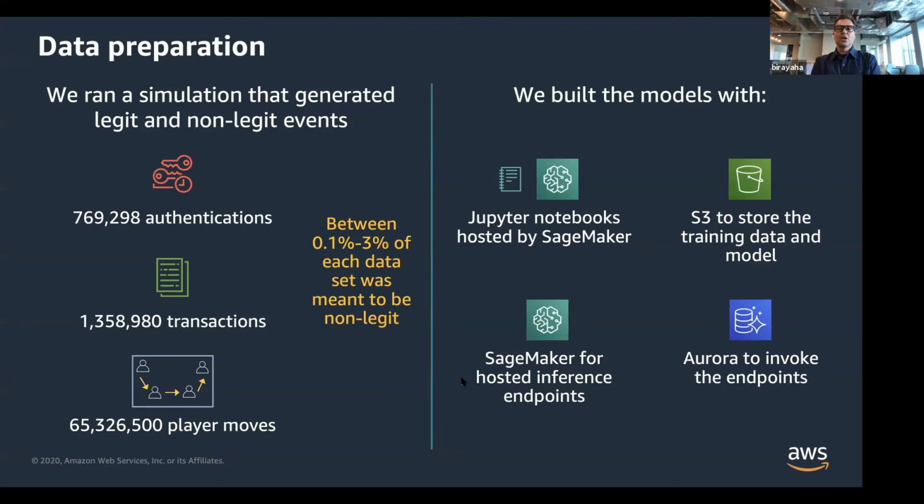We built our models, as I said, using Jupyter notebooks hosted on SageMaker. We stored all the data on S3, and once we were able to distill the data and train the model, we deployed the model with a hosted inference endpoint using the SageMaker service.